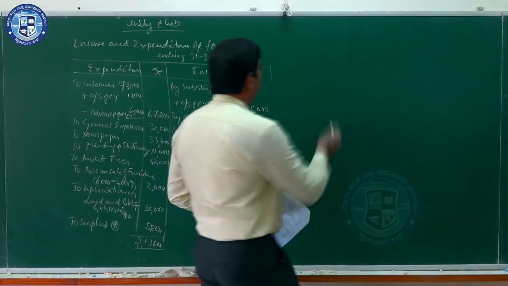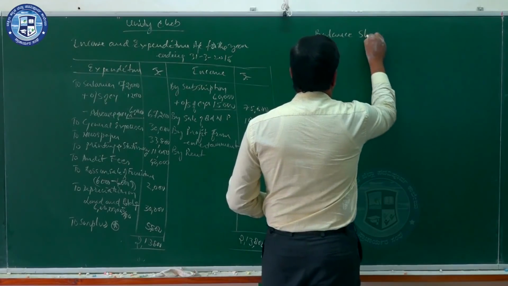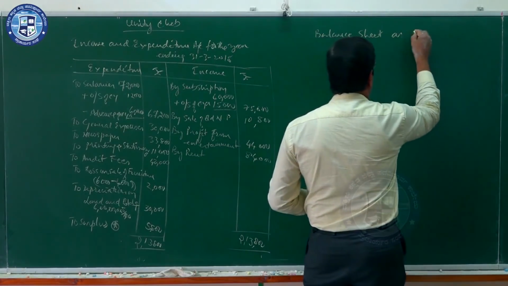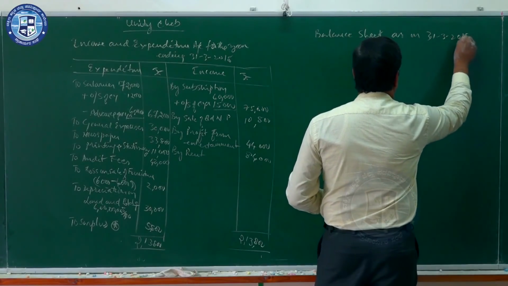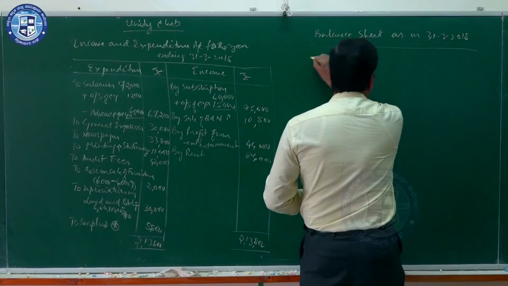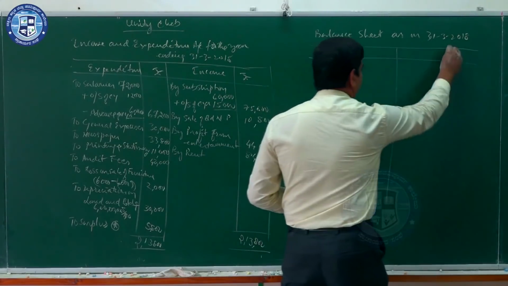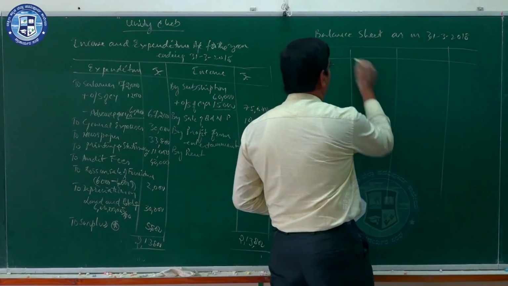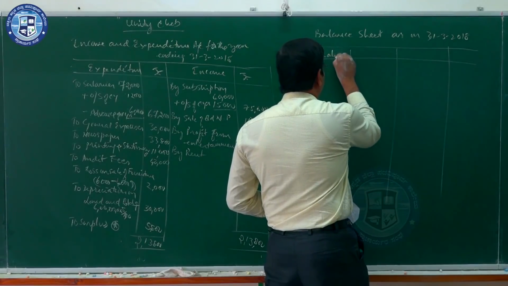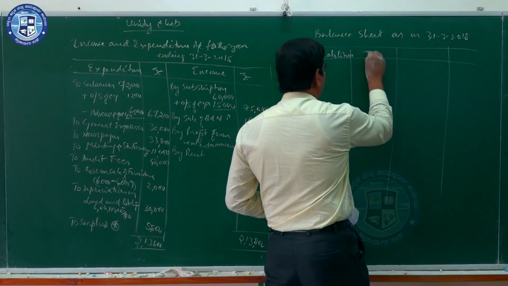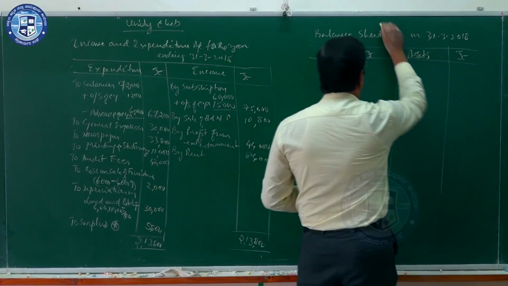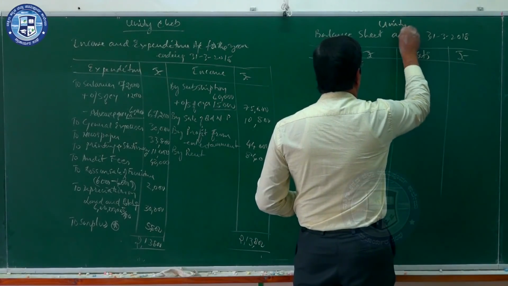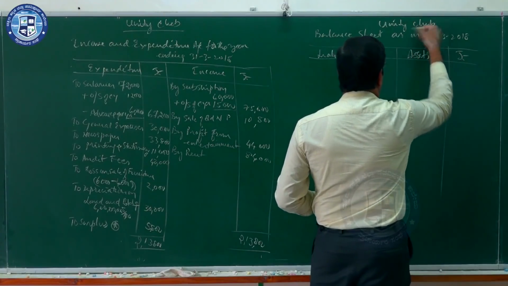Okay, let's prepare the balance sheet. Balance sheet as on 31st March 2018. Liabilities, rupees. Assets, rupees. Write the name of the club on the top, Unity Club.